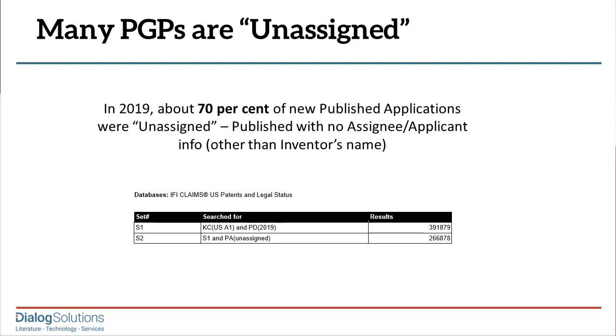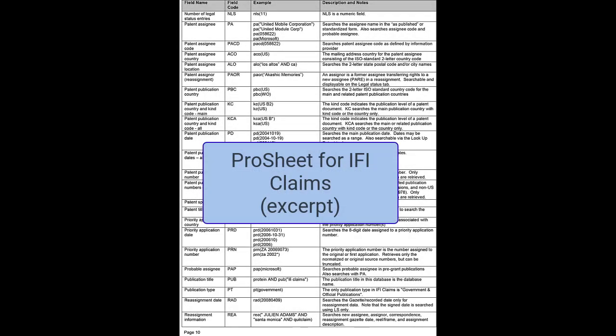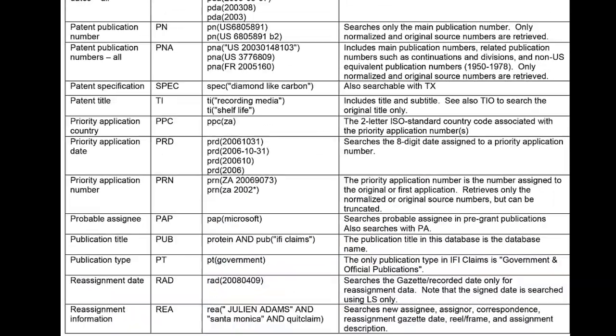To help fill this information gap, the database IFI Claims, beginning in the early 2000s, uses an algorithm to determine who is the likely patent assignee, and this information is added to the IFI record in a field called Probable Assignee.